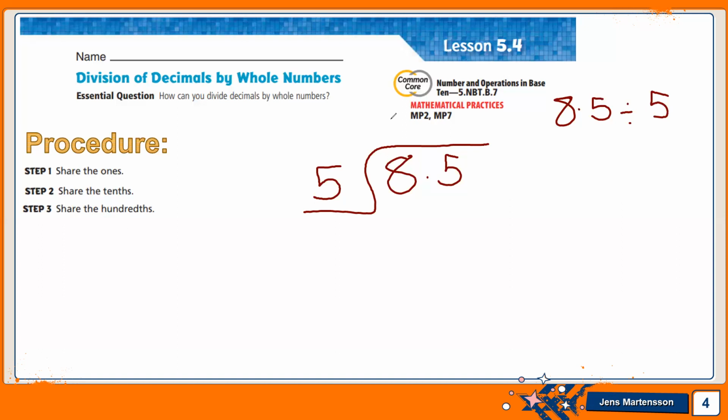What is the closest number that when you multiply it by 5, you get 8 or less than 8? 1. Bravo. So you write number 1. 1 multiplied by 5 is 5. Then the second step, what do you have to do? 8 minus 5 is 3.